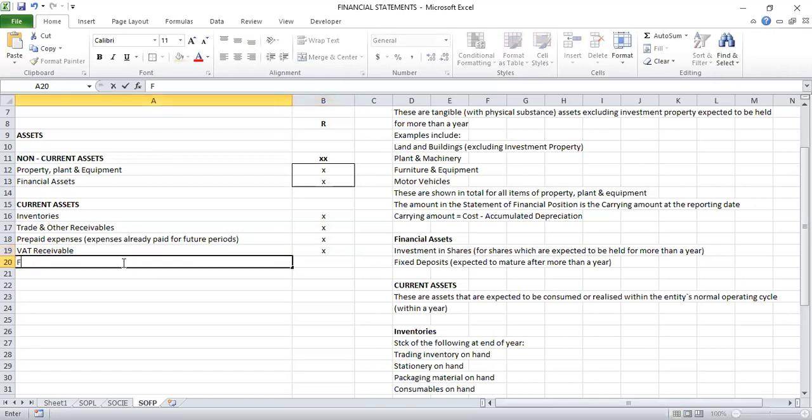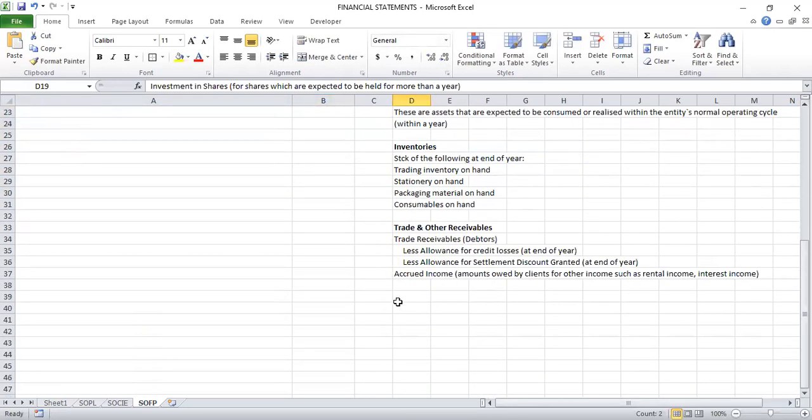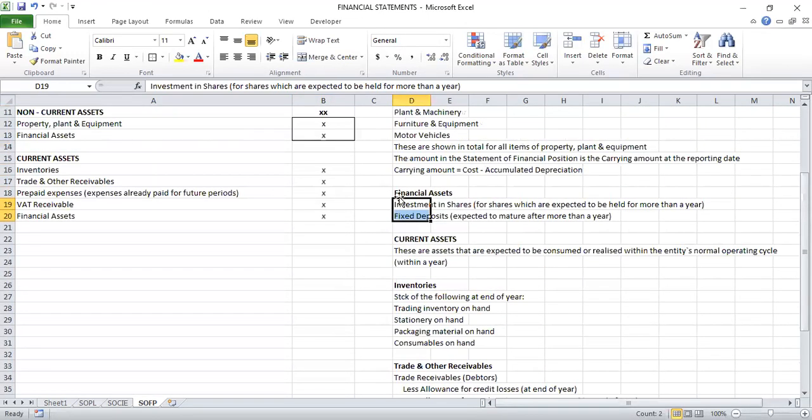Right. We also have financial assets. Financial assets is still those two, but this time around they are short term. So maybe let me just say financial assets. Then I just write that this is non-current assets.